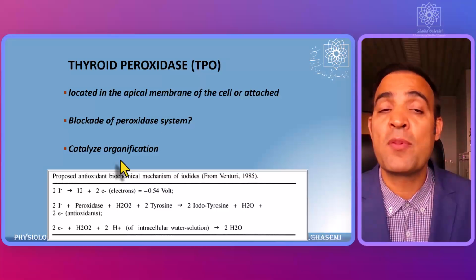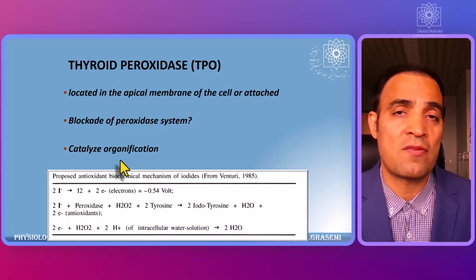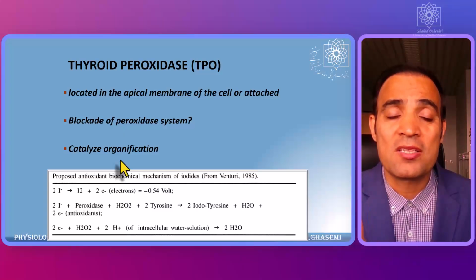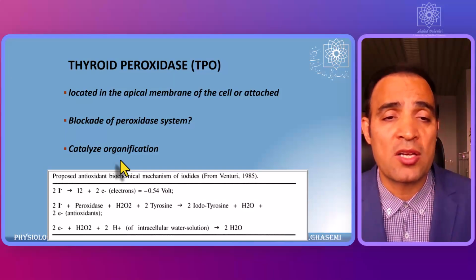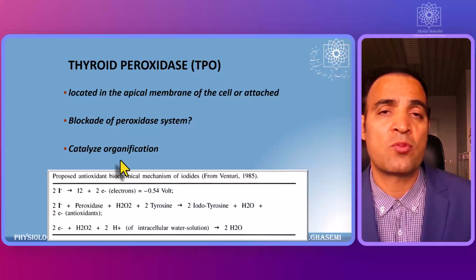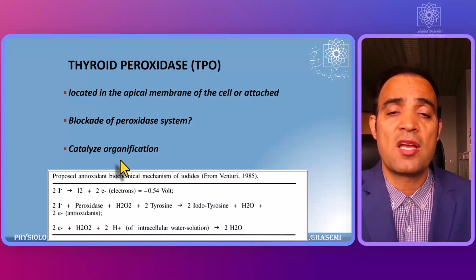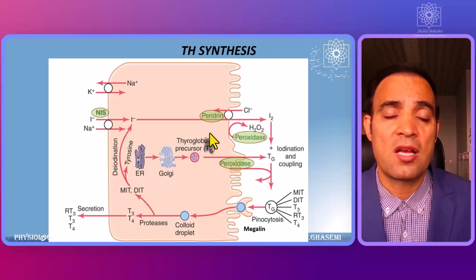If we block this peroxidase, it can block the production of thyroid hormones. Drugs that inhibit this peroxidase induce hypothyroidism, and as I told you, it catalyzes the organification of the tyrosine residue.